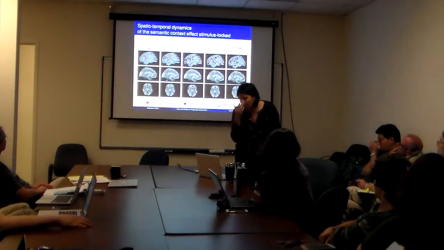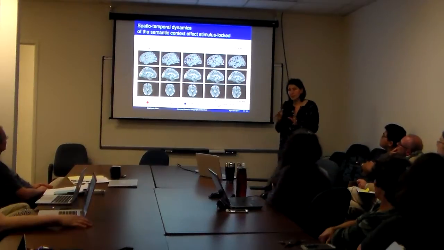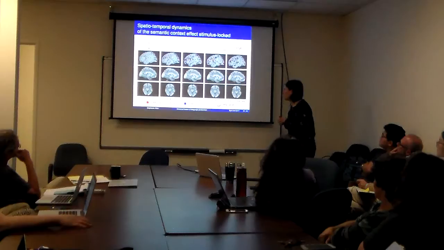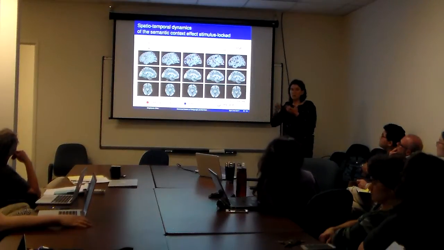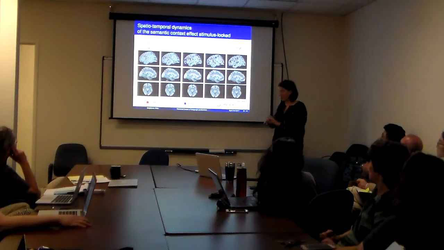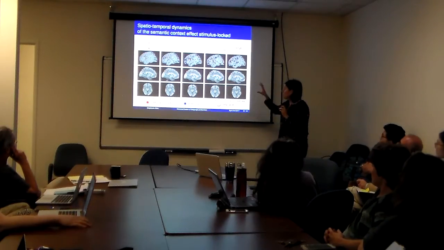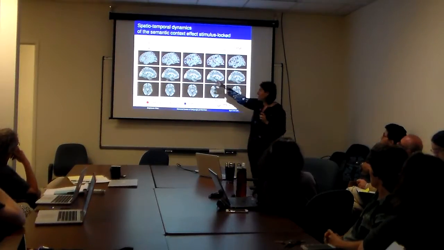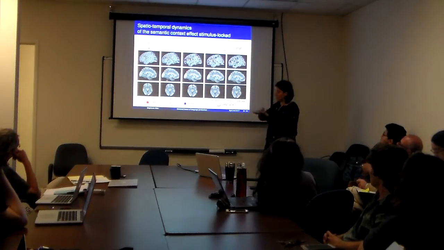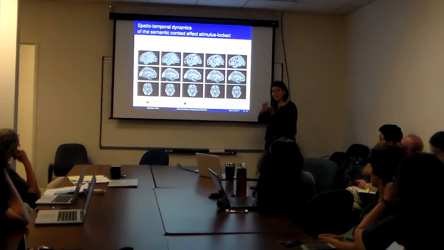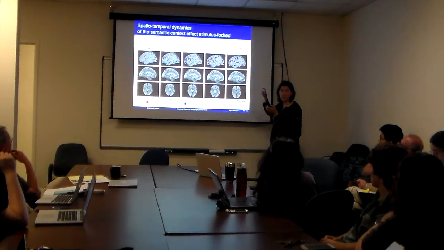So I'm going to show you the results. I'm not going to spend too much time because I really want to emphasize the technique and talk about stimulation afterwards. So I'll go quick on that, even though there are a lot of slides, and I can come back to that at the end. What these plots show is not the high gamma activity, sorry, it's the effect of semantic context, the raw beta for the effect of semantic context per electrode on high gamma.